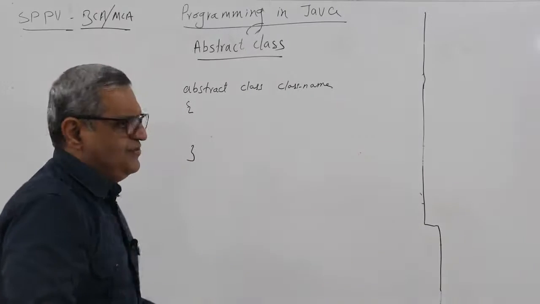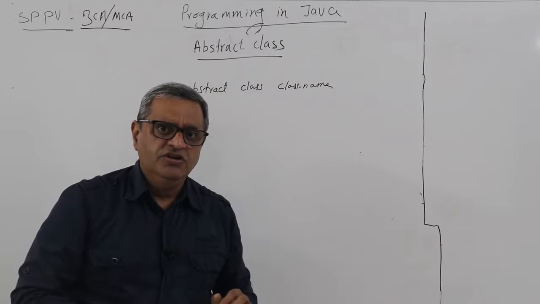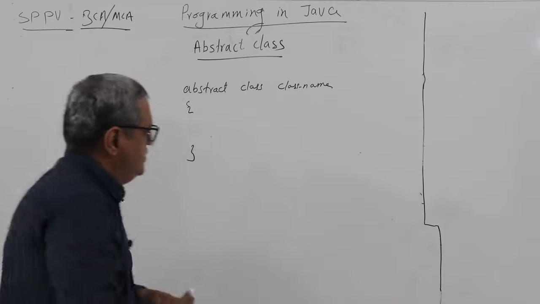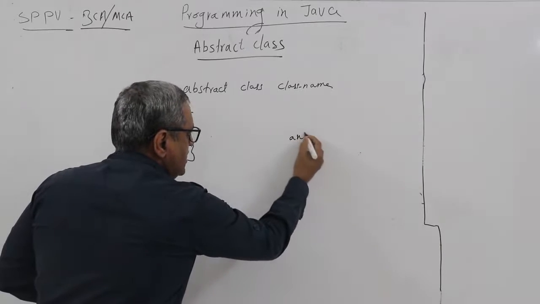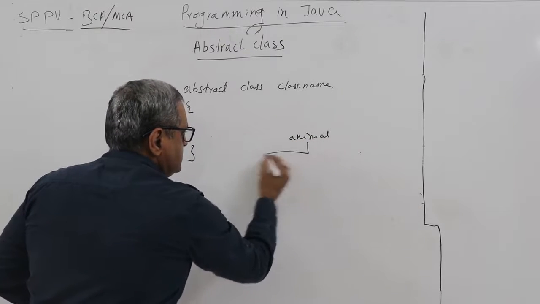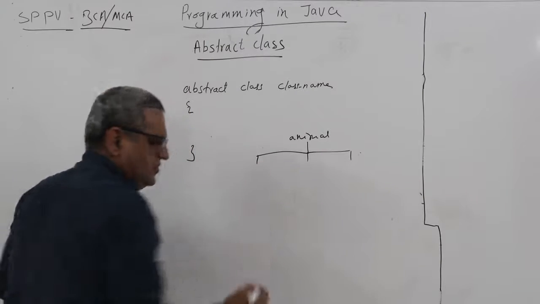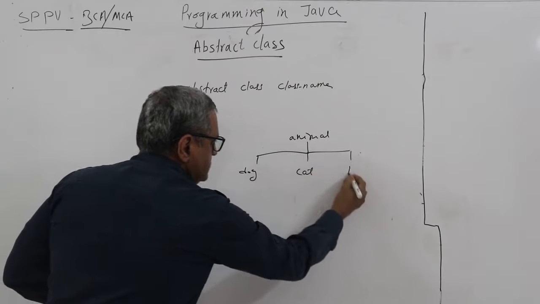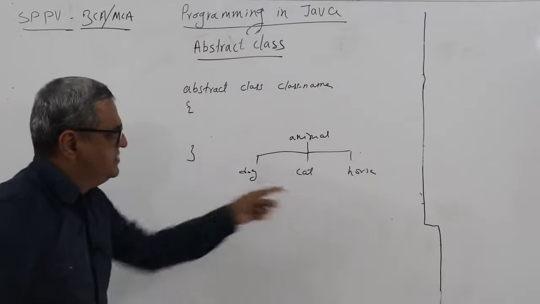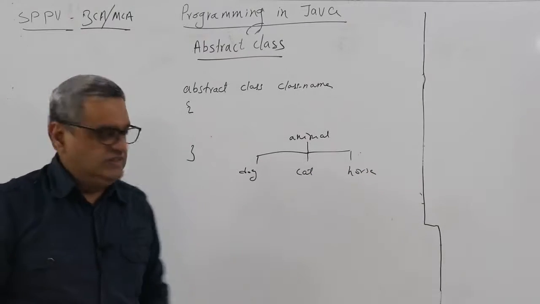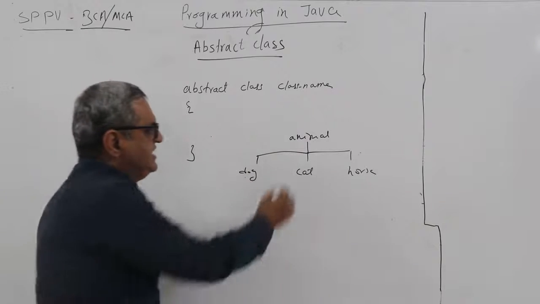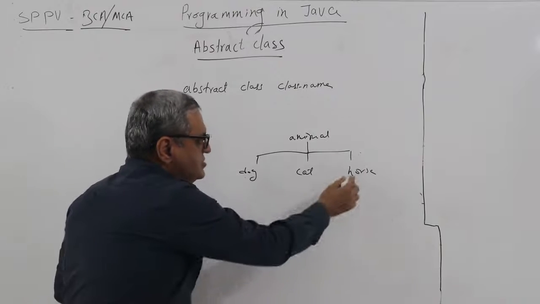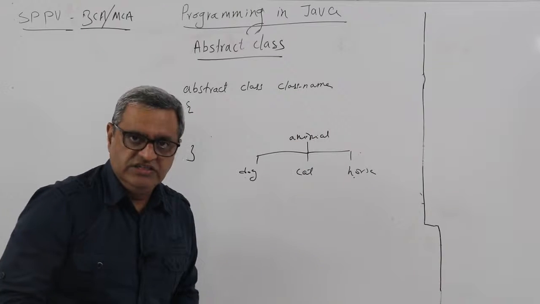Suppose we have a parent class called animal. If I say that my animal class comprises 3 child classes, say dog, cat and horse, where my dog class extends animal class, my cat class extends animal class, and my horse class extends animal class, right?